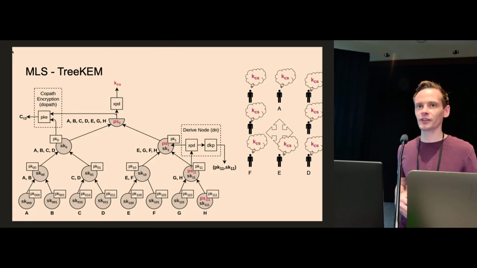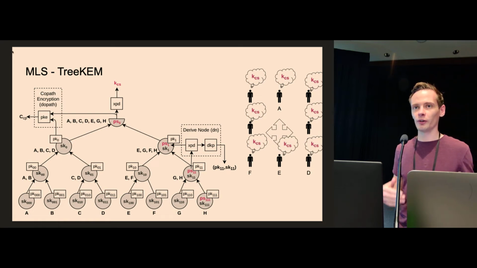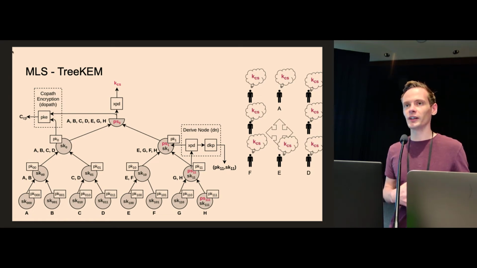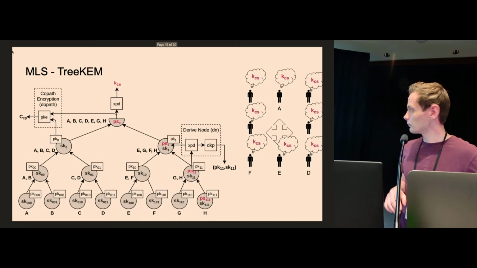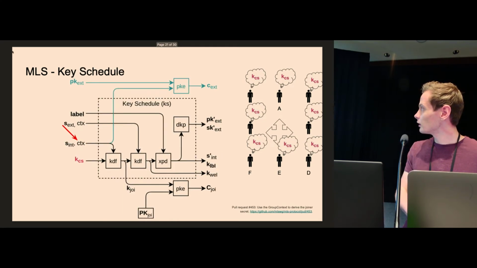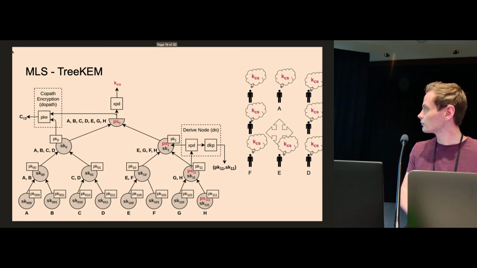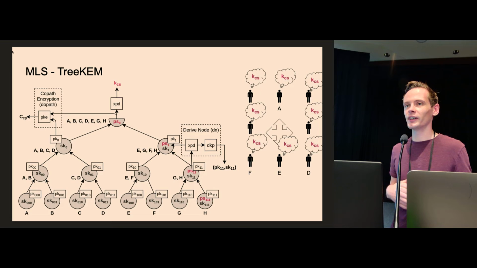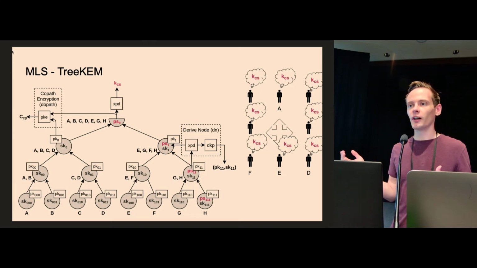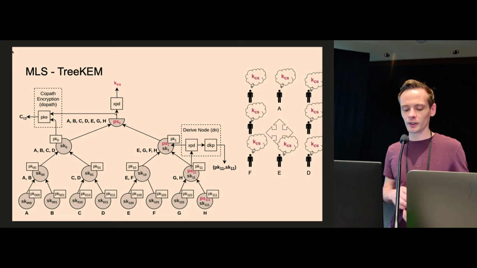In particular, for this tree, this diagram shows you to which nodes the secrets will be encrypted, and as a result of this sharing, the entire group will agree on the value that's at the root of the tree, because they all know at least one value within the tree.